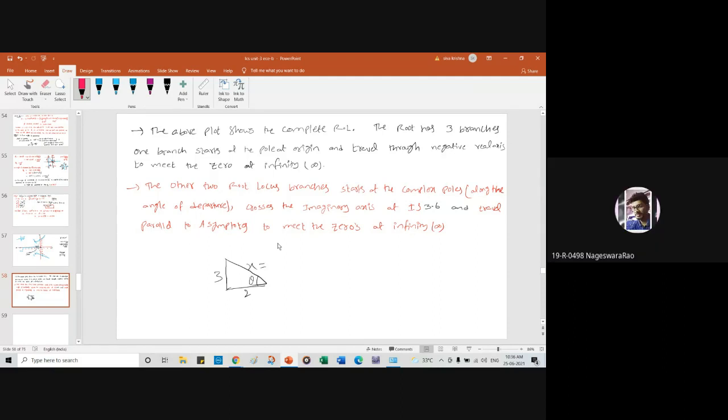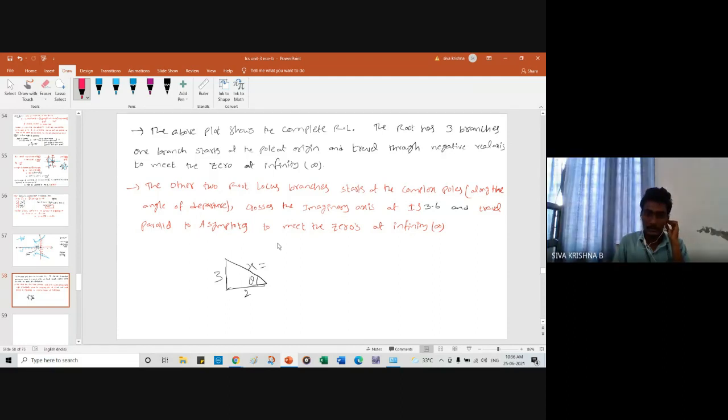Root 13. Very good. Just the Pythagoras theorem: x squared equals 3 squared plus 2 squared. So x equals the square root of 9 plus 4, that equals root 13.